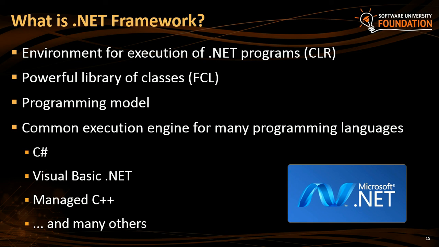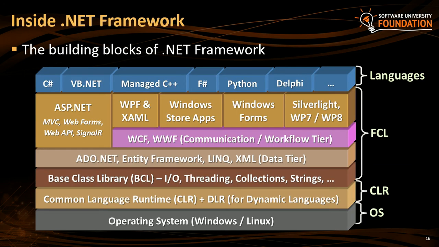They are just different syntax for exactly the same thing. There are many languages. For example, there is Python for .NET, but not all languages run in .NET. For example, PHP has a third-party implementation, which is not very stable and does not work well in .NET.